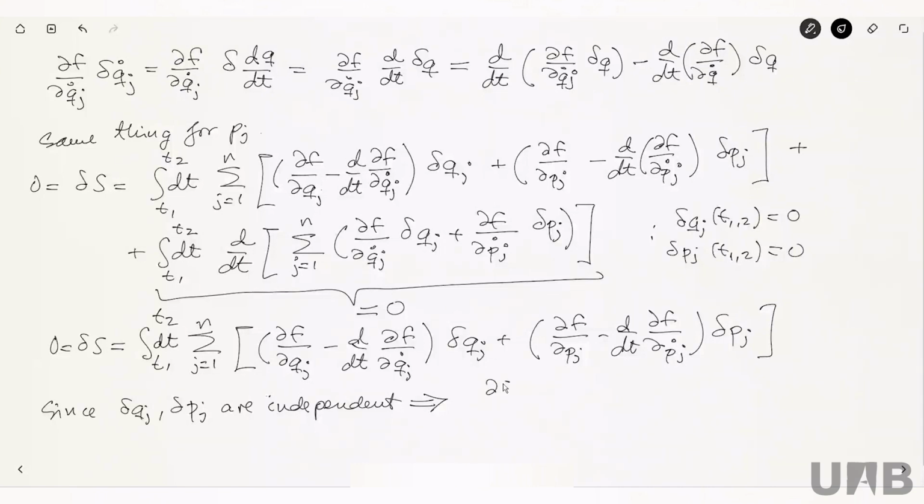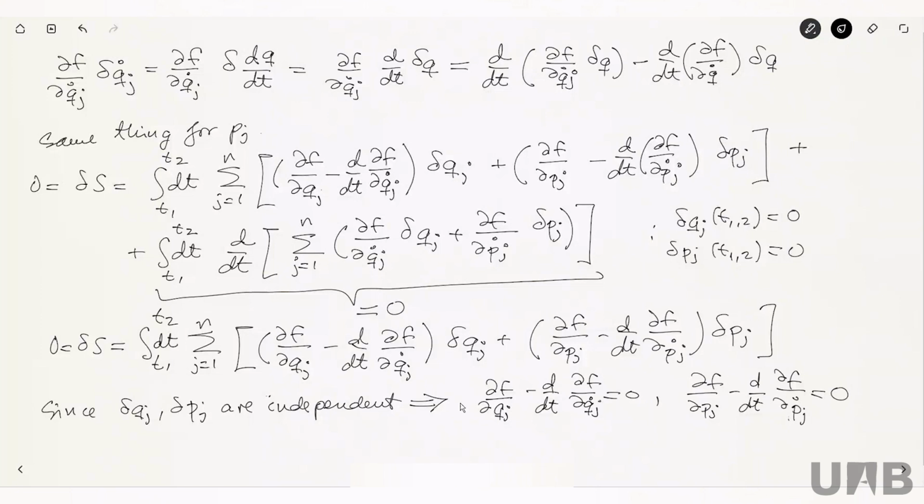So that means that the derivative of f with respect to qj minus d dt derivative of f with respect to q dot j has to be 0, and derivative of f with respect to pj minus d dt derivative of f with respect to p dot j has to be 0.